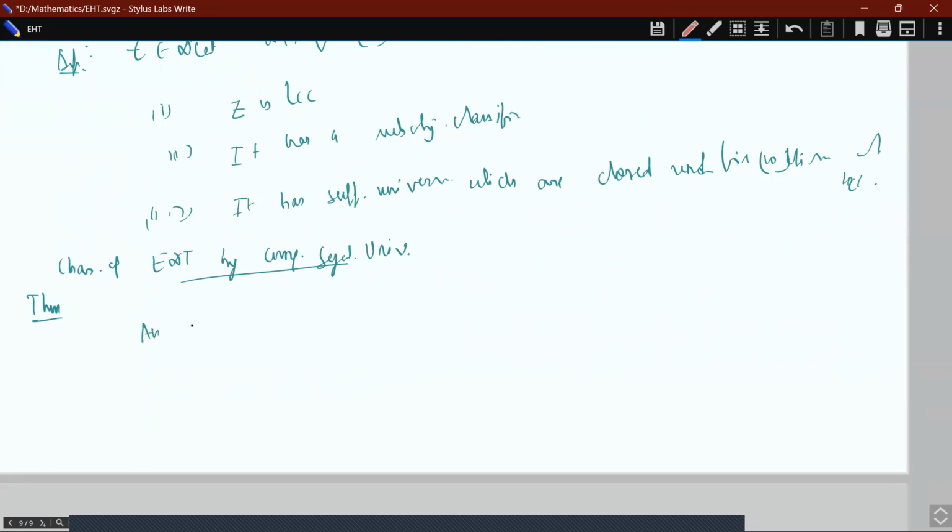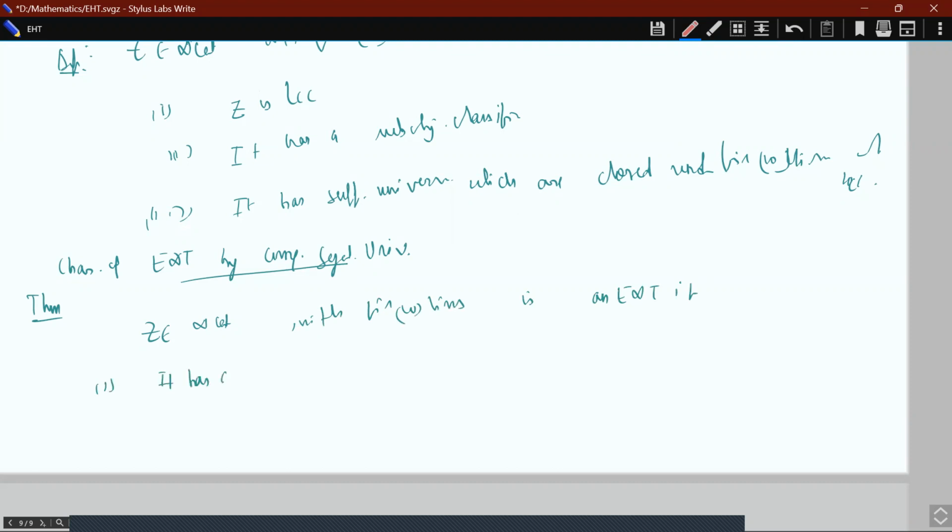So an infinity category Z with finite limits and colimits is an elementary infinity topos.